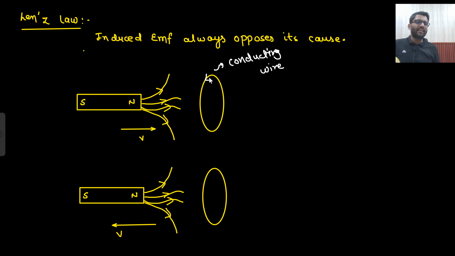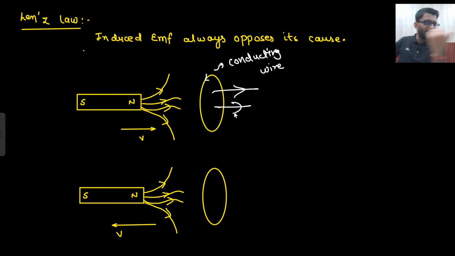If it generates the current in this direction, then what will be the magnetic field? If current is generated in this direction, the magnetic field will be on this side only. So the magnetic field was initially increasing in this direction, and now because of the current as well, the magnetic field is getting increased only, because the direction is the same. Are you getting this point? The magnetic field was getting increased in this direction because we are moving the magnet towards it.